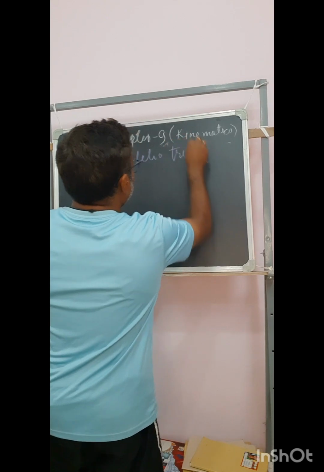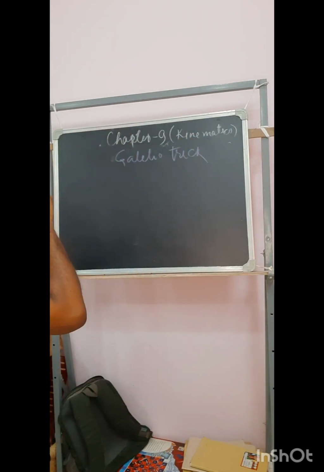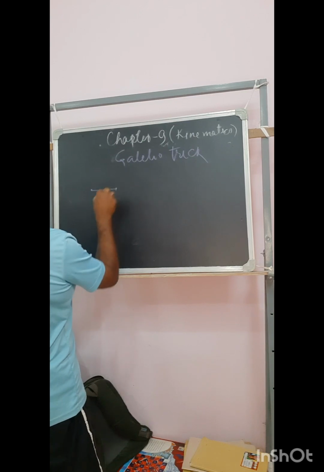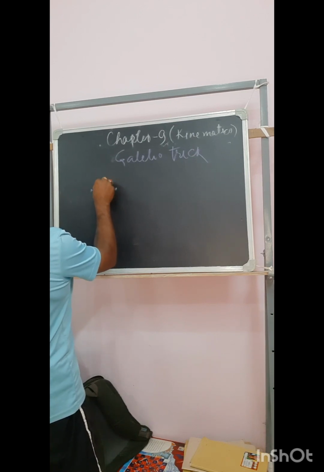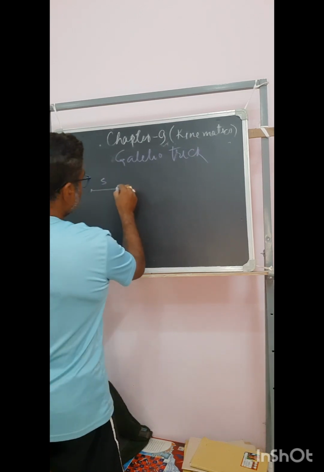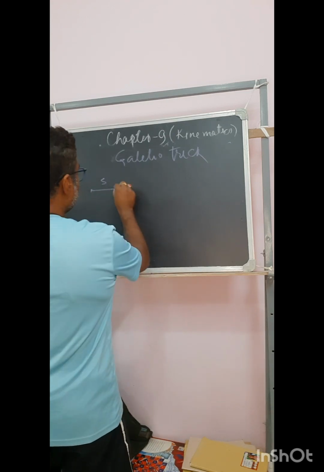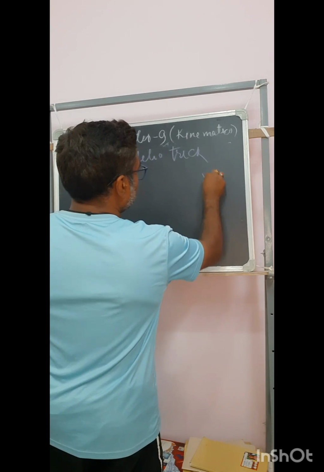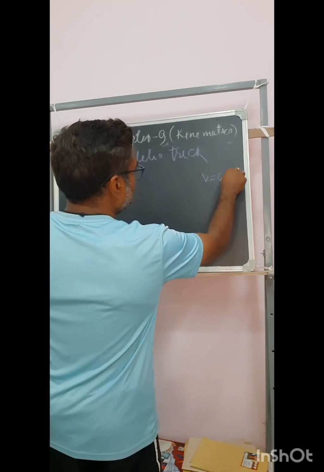Basically, it says that if a uniform motion is there, let's say after t it has got s, uniform motion, I am saying, and uniform motion means velocity equal to constant.